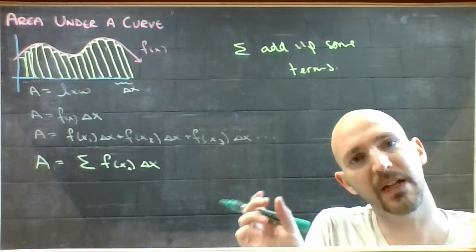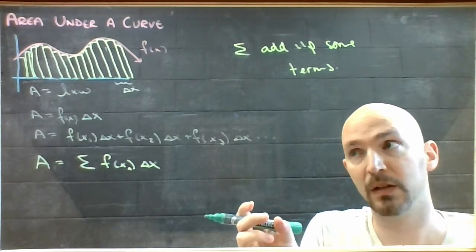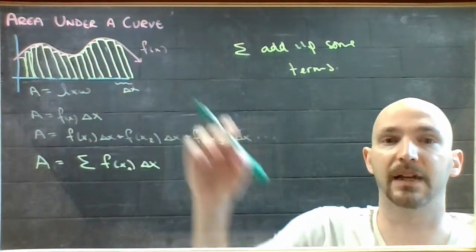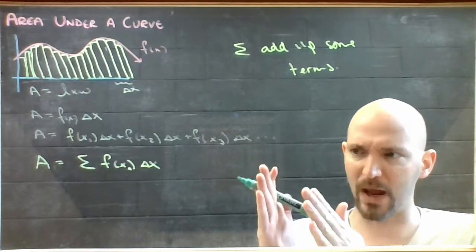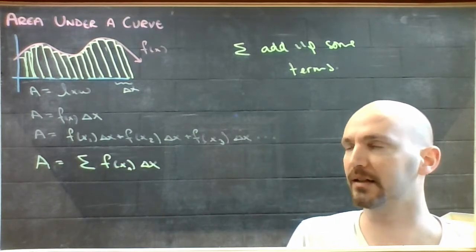So if I made those rectangles narrower, the amount of error I'm getting has shrunk, right? Because there's more rectangles that are thinner, so they can wedge into the curve a little bit easier.